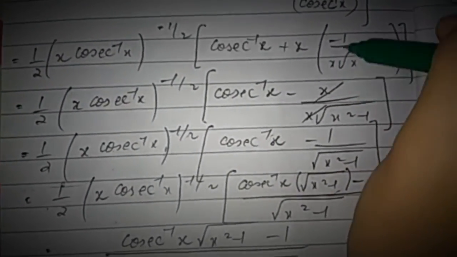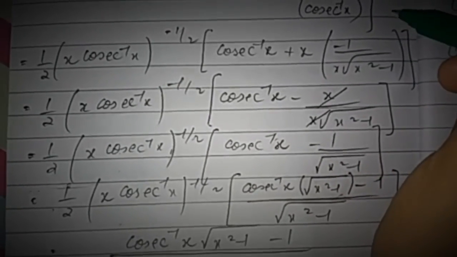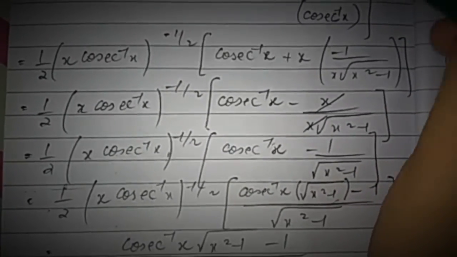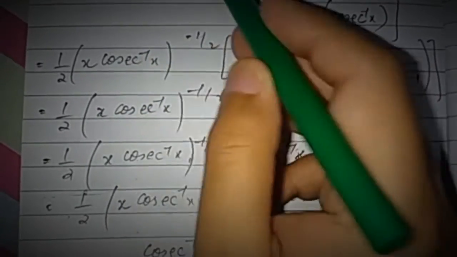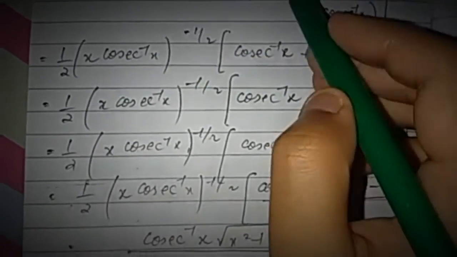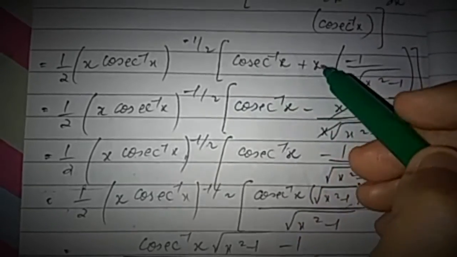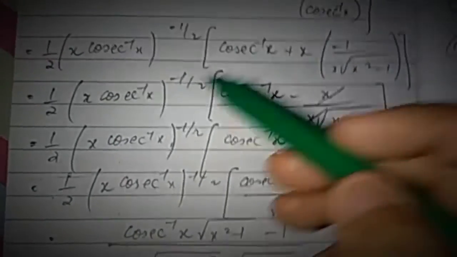And now we have to apply the formulas related to the inverse trigonometrics. The cosec inverse x term comes over here as it is, because we cannot take its derivative here, it is not applied.